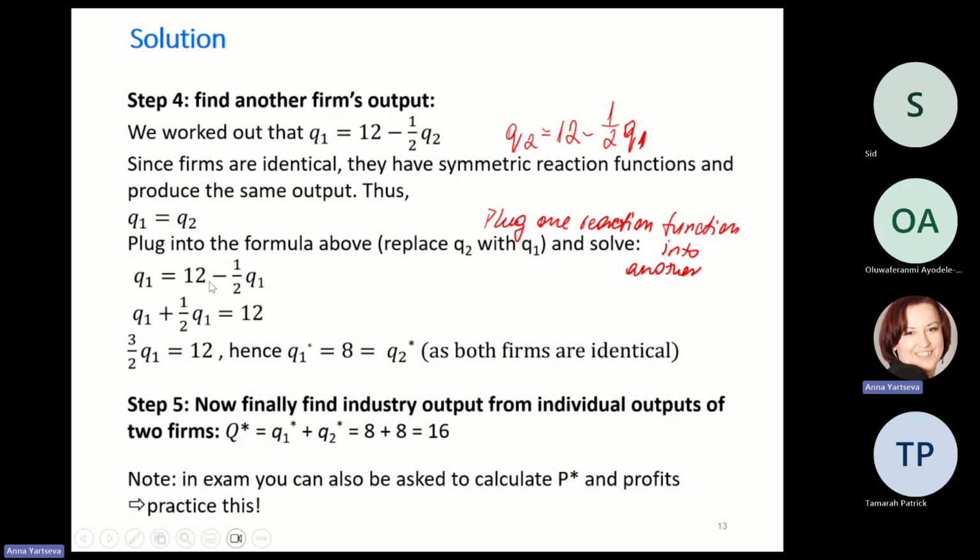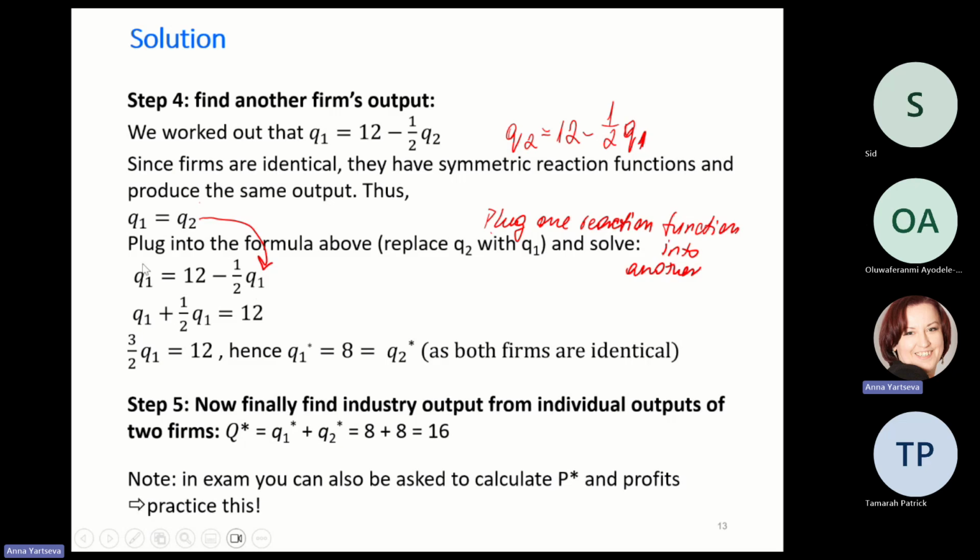So Q1 is 12 minus a half Q2. We just plug Q2 here, or because they're identical, we can simply replace Q2 with Q1, because they produce the same amount. They are not leader and follower, so you can simply replace Q1 with Q2, and it allows you to solve the expression.